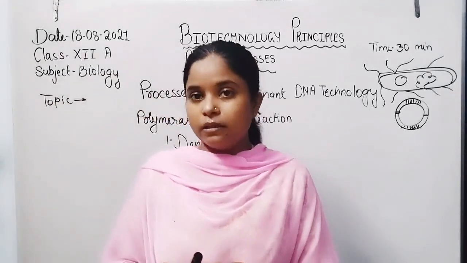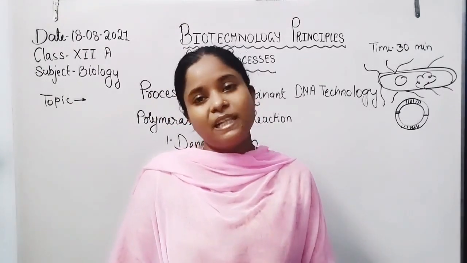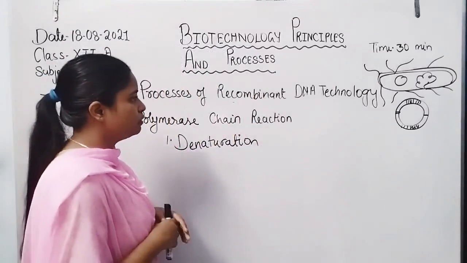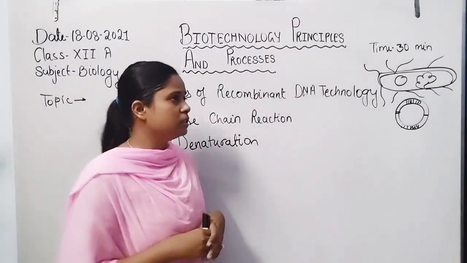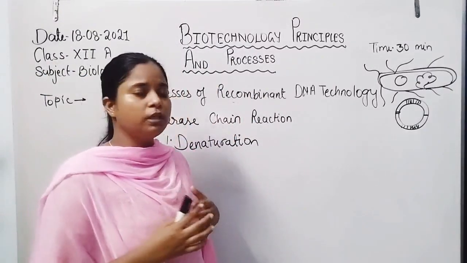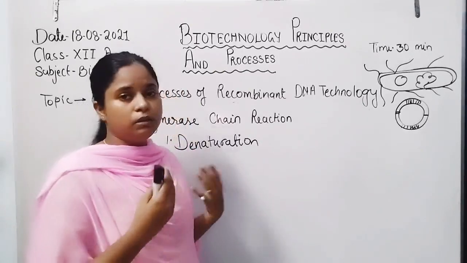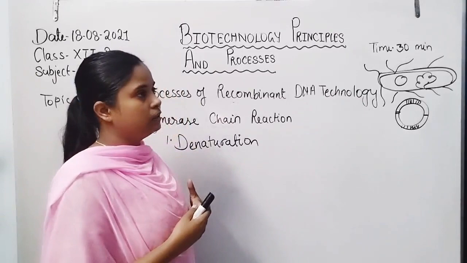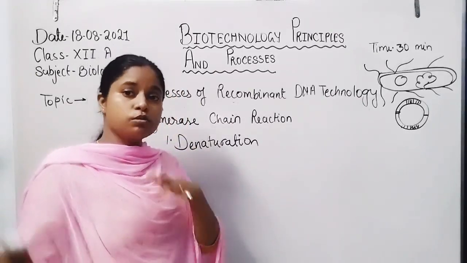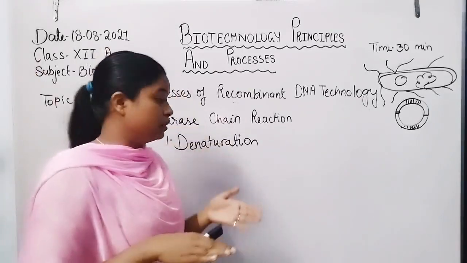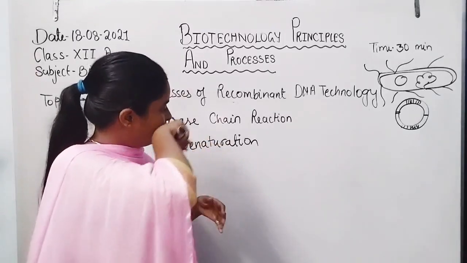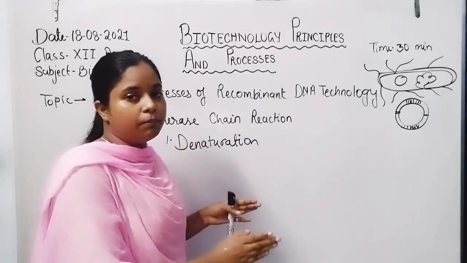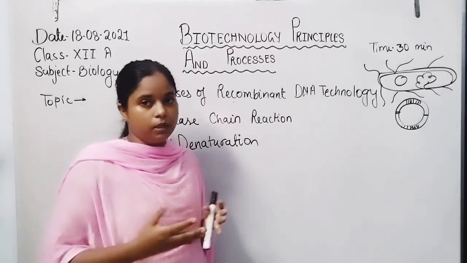So for this, we denature the DNA molecule by heating it at 95 degrees centigrade. But the complication is that at 95 degrees centigrade the double or triple hydrogen bonds between both polynucleotide chains break, but the enzymes also get degenerated by the heating.